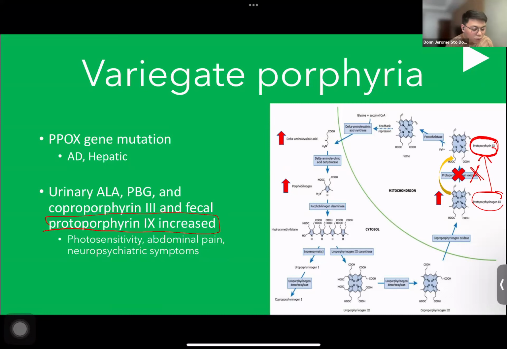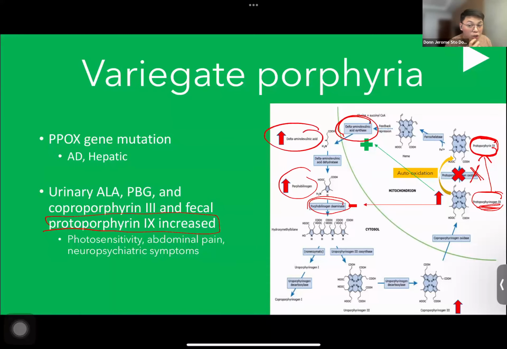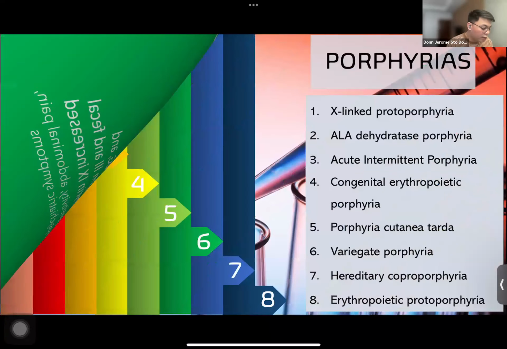No, that is because protoporphyrinogen can undergo spontaneous oxidation. Please remember that presence of protoporphyrinogen can stimulate ALAS and at the same time inhibit porphobilinogen deaminase, furtherly increasing ALA and PBG. So manifestation is mixed type porphyria.